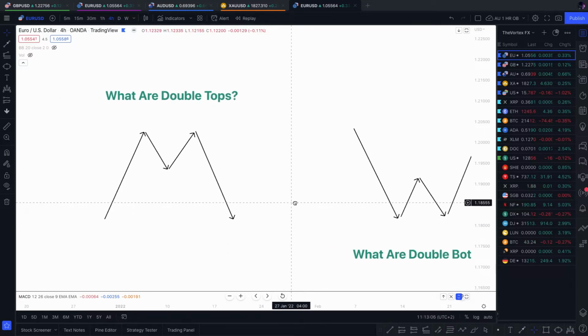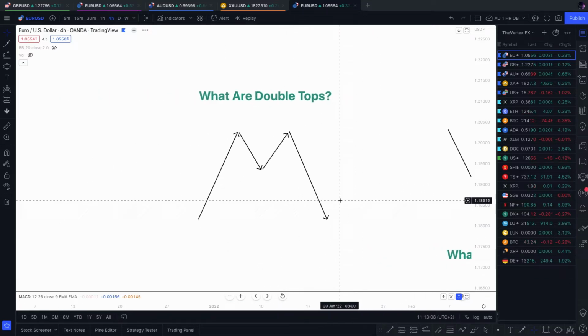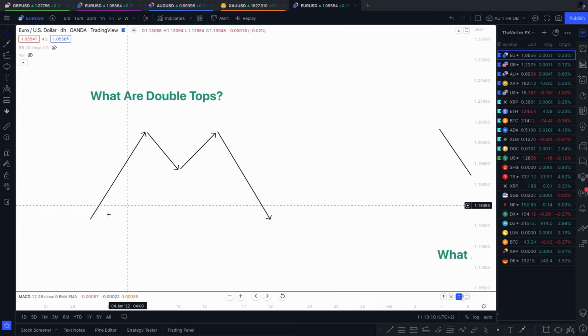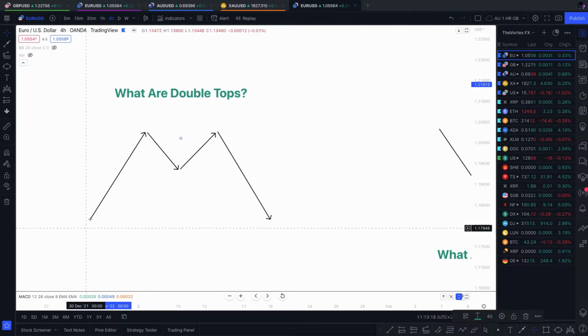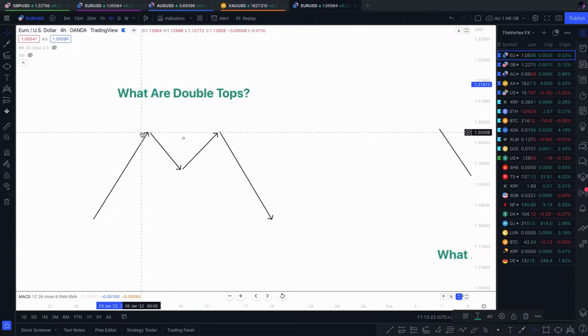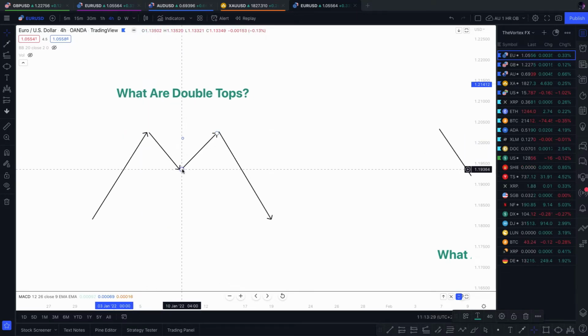So generally, we see them at the end of a trend. What we would see is price moving in one direction, forming a trend. In this example, this is a double top. We see price moving upwards, and eventually it reaches some point of exhaustion, some point of resistance. Price then comes back down and thinks, let me try and make a higher high.